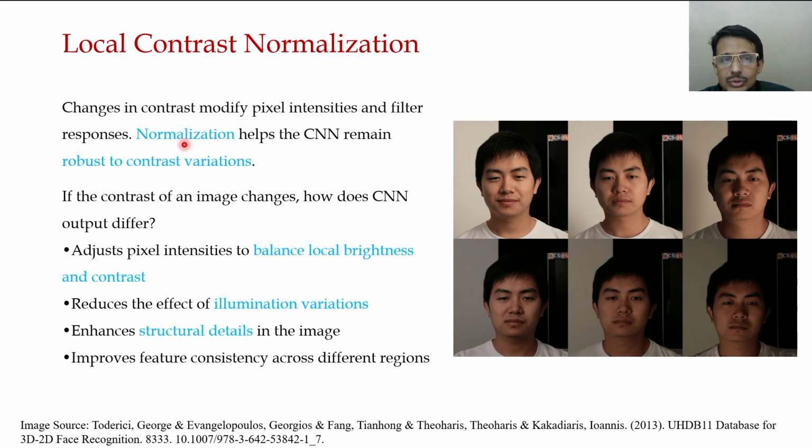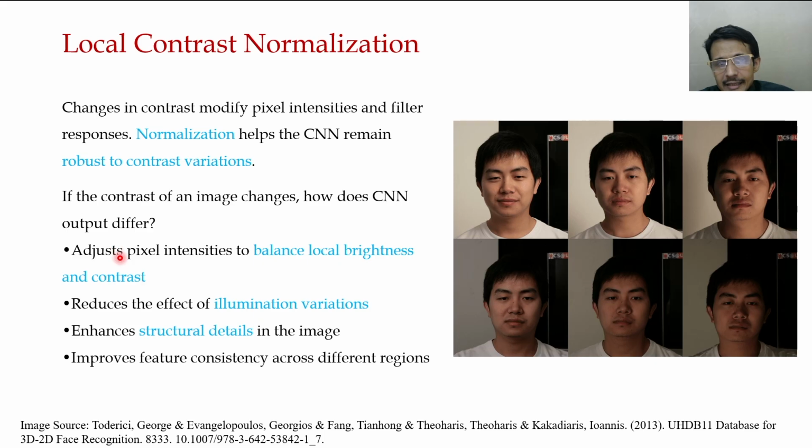So what does it do? Normalization helps the CNN remain robust to contrast variation. Definitely there is a contrast variation, and contrast normalization is basically robust to this condition. If the contrast of the image changes, how does the CNN output differ? It adjusts the pixel intensity to balance the local brightness and contrast.